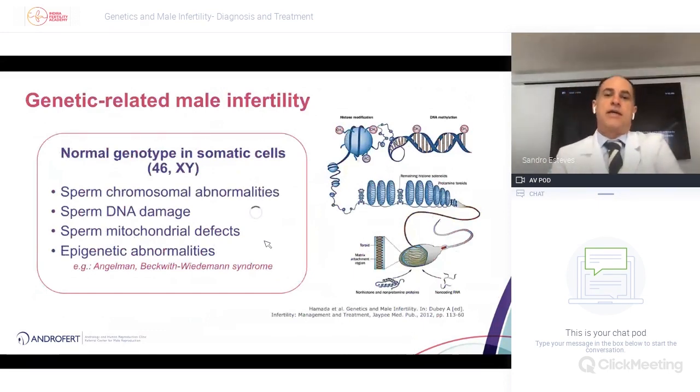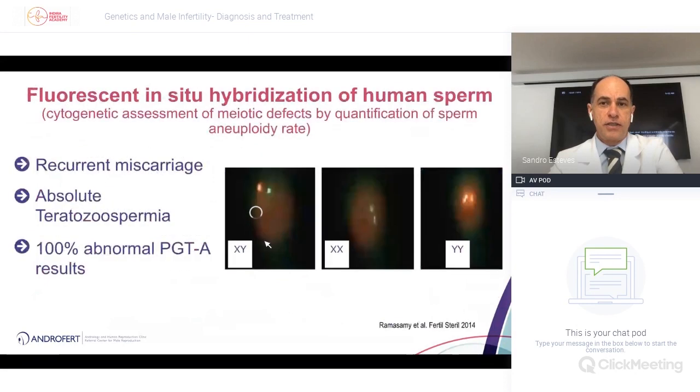So in this condition, if you have a patient with recurrent miscarriage, absolute teratozoospermia, or 100% abnormal results after one or more cycles of PGTA, you might consider doing FISH analysis for sperm.